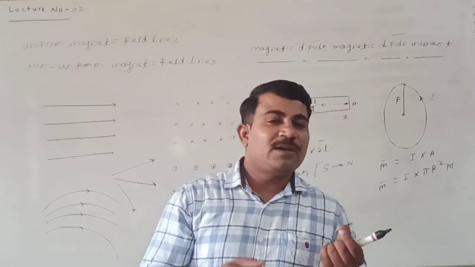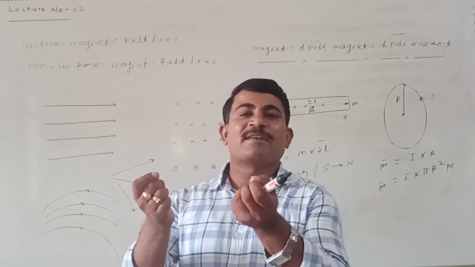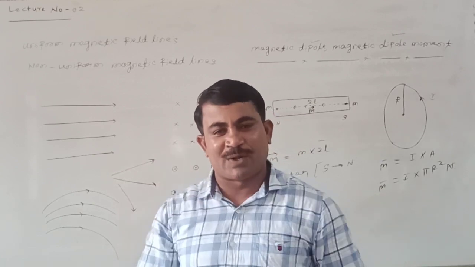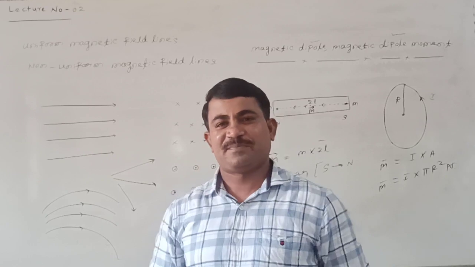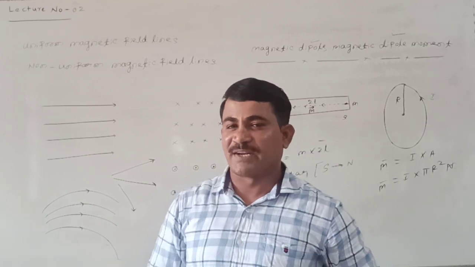Similarly, if we plot the magnetic field of the current carrying solenoid and the magnetic field of the bar magnet, how do they look? That we will see in detail, students.